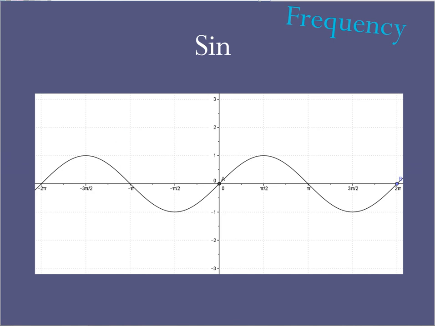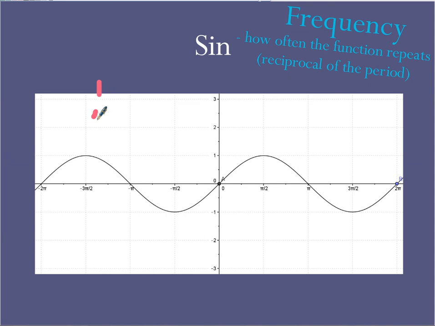Next we have frequency. Frequency is directly related to the period, right? It's related to the length, but it's telling us how often the function repeats within that length. So in this sine wave, remember our period was 2 pi.